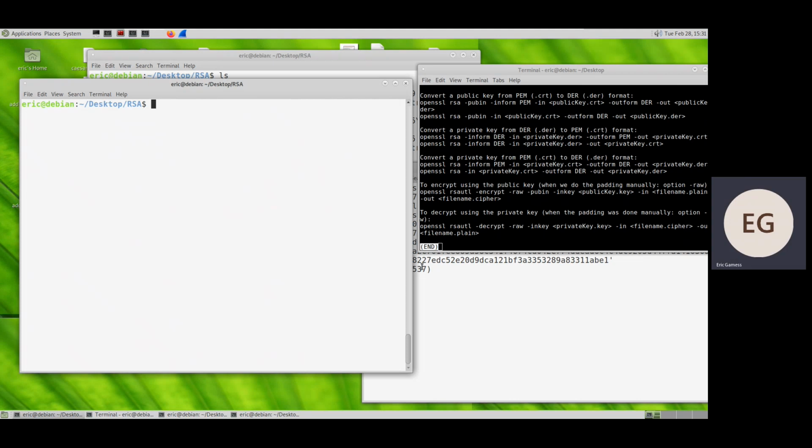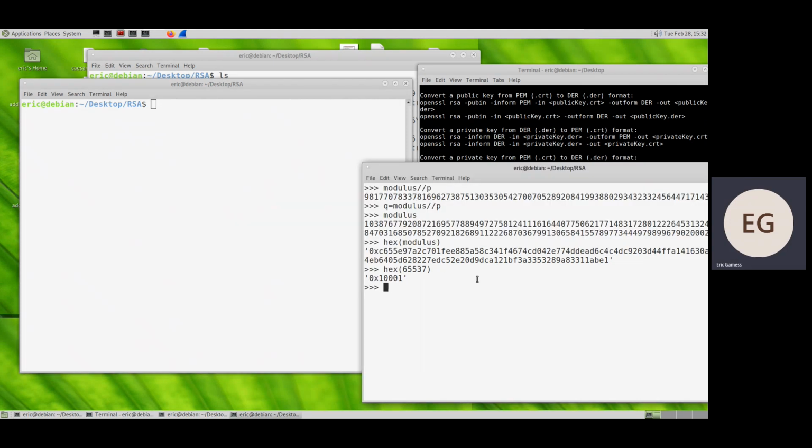In Python, for example, I can do 59 times A. You see it? And then I copy it and put it in a file.